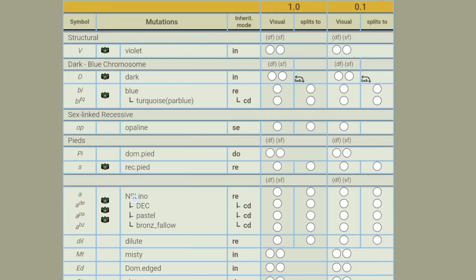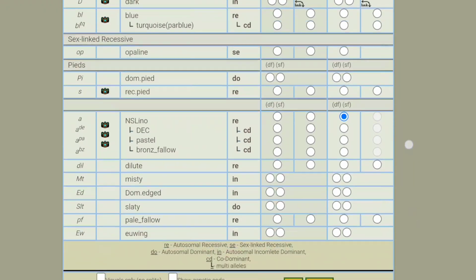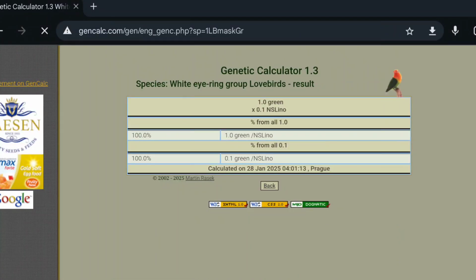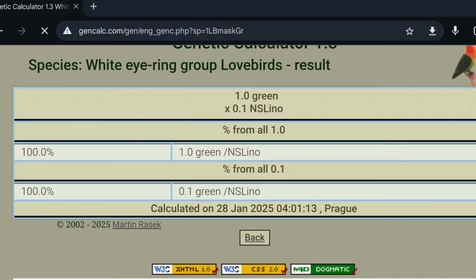For Lutino, you are supposed to select this thing which is NSL Eno, and you just click it. You have put the details for the female, and we are not selecting anything for the male because our male is just a green fisher. Then you generate. Now you see again the male for this crossing was a green fisher, and the female for this crossing was a Lutino fisher.